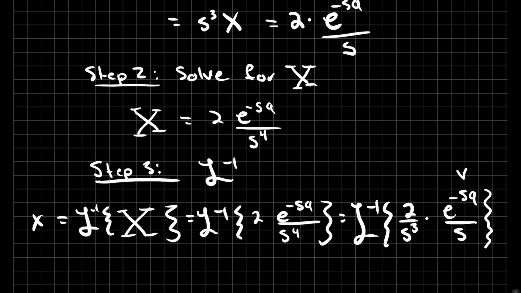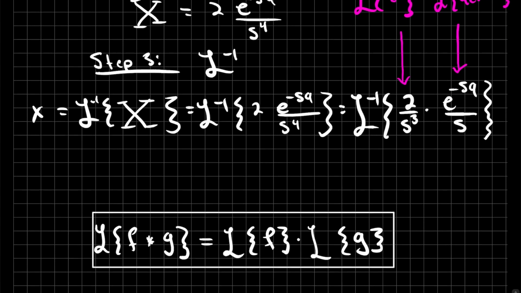Looking at the right factor, that is the Laplace transform of the shifted Heaviside function. On the left, we also know that it is the Laplace transform of t squared. So it would be nice if we had a formula connecting the two.